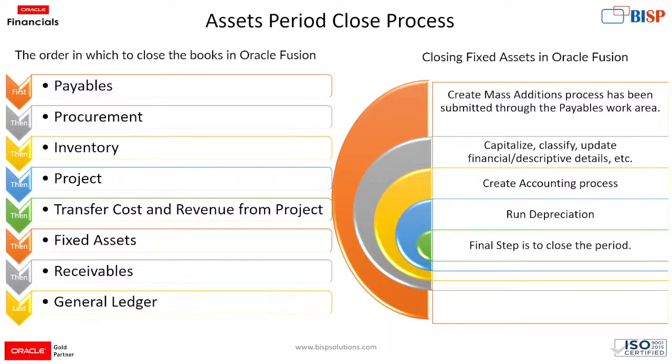Run the Create Accounting process. This will account for all the newly added assets and give you the opportunity to see what is outstanding so that your team can resolve any issues. Run depreciation. Running depreciation is as simple as clicking a button.